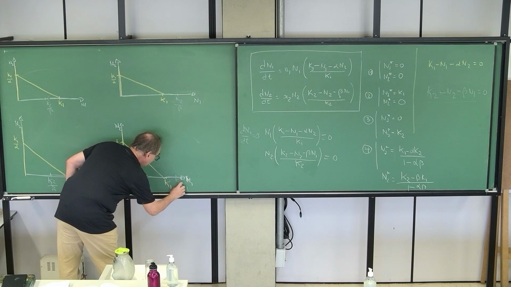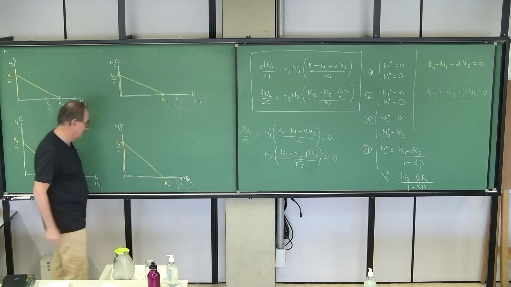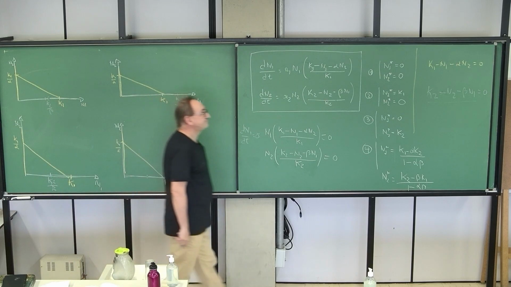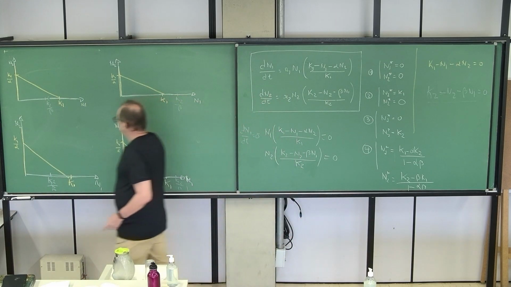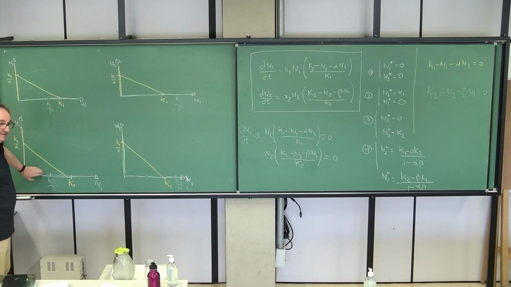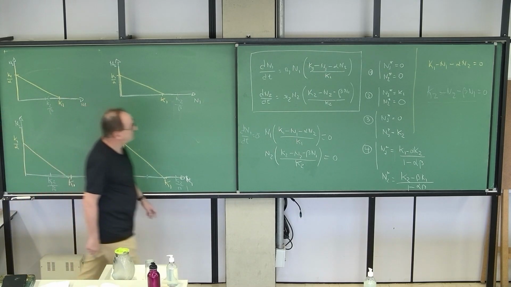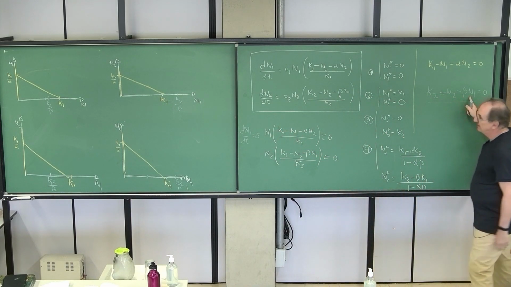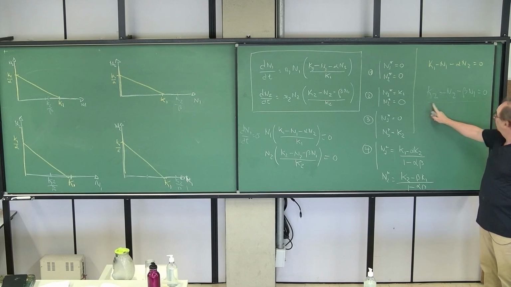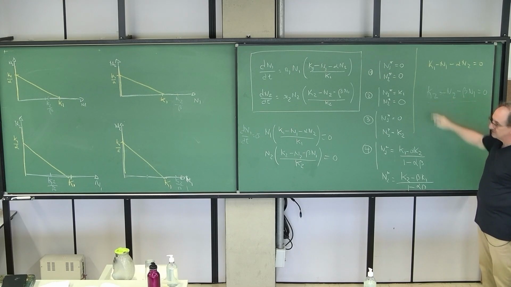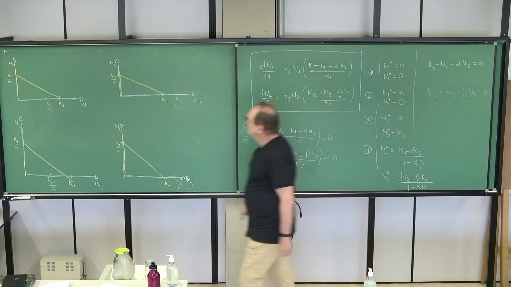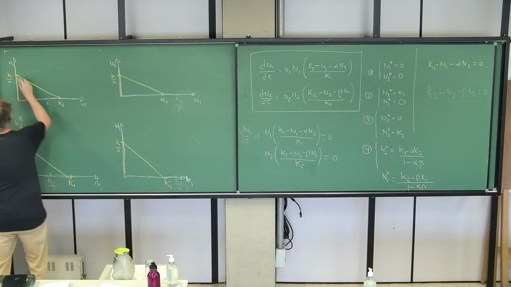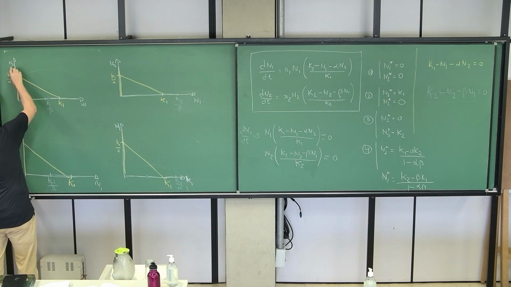Okay? Now, for both cases here, I can have a new point: when n1 is equal to 0, n2 is equal to k2. But then you can have k2 here, in which case the diagram looks like this one.